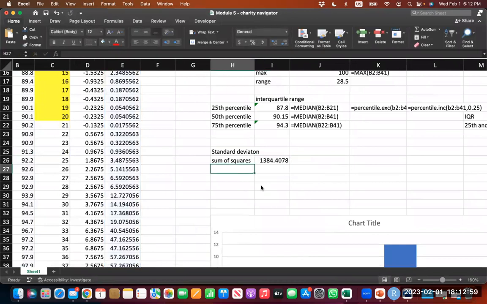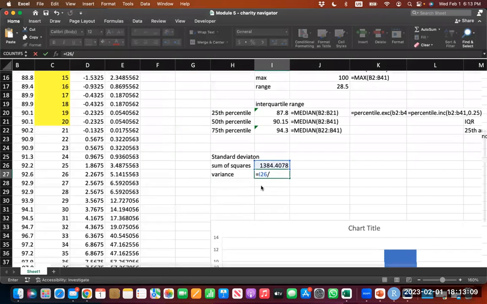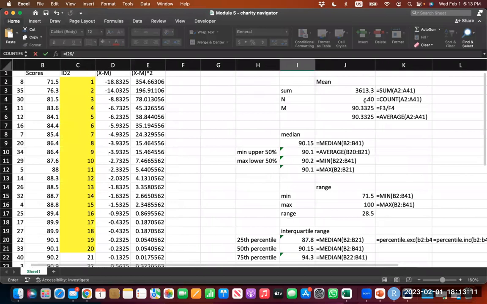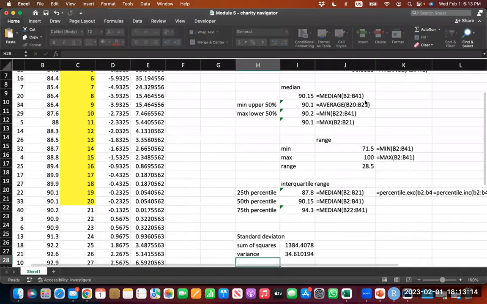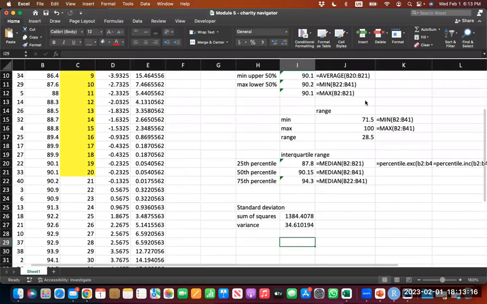That's 1384. The variance is now this divided by the number of occurrences, which we know is 40, right? We know this from here. So we're dividing this now. So the variance of this is 34.